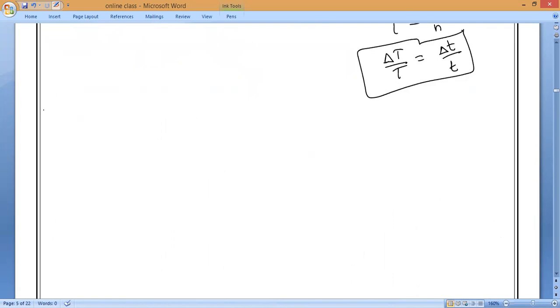Question number 5. This question is JEE Main 2018.